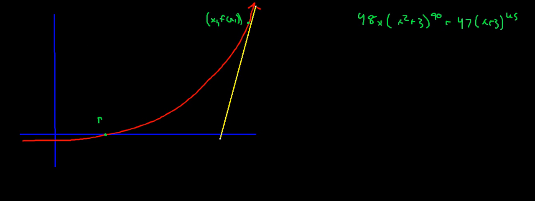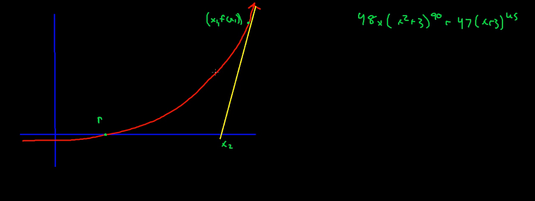So his idea was to make a guess, have this point intersect with the x-axis, like so. This is x1, I'll call this one x2.